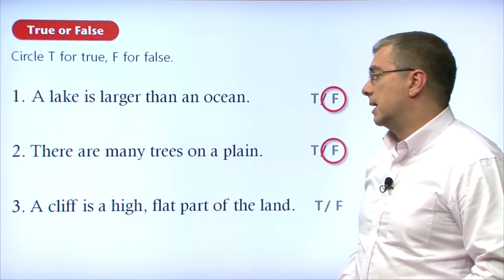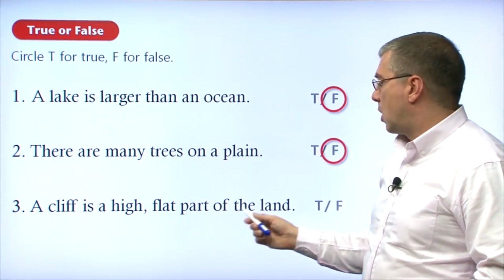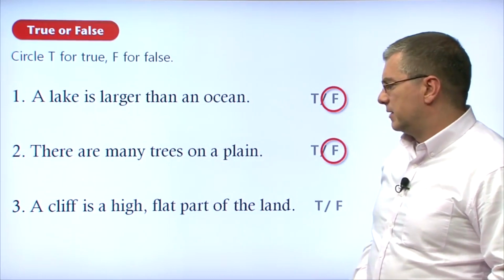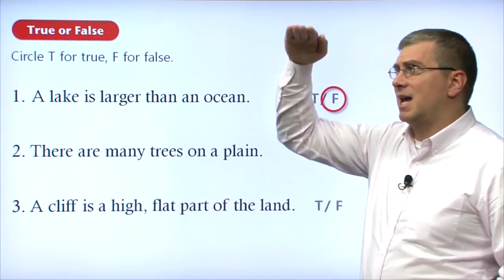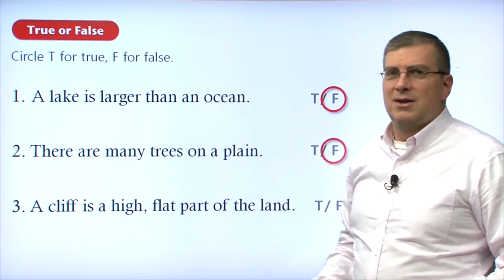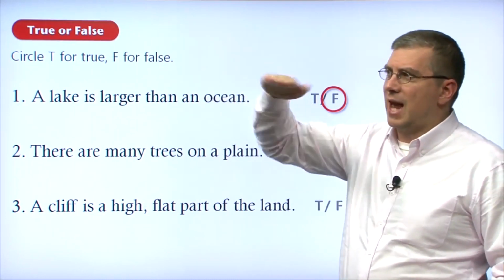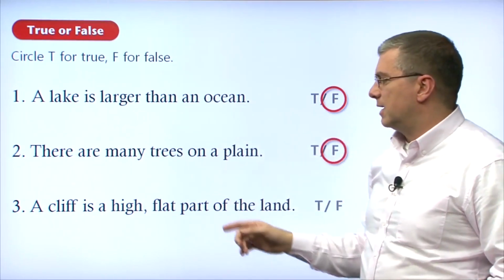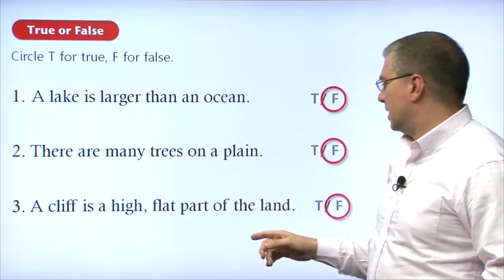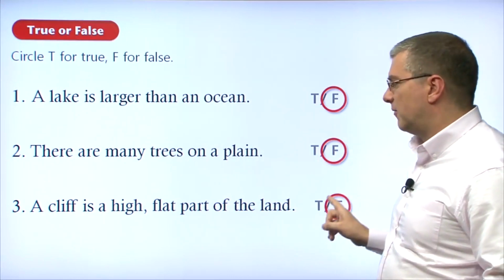Okay, so number 3, a cliff is a high, flat part of the land. Now this is an interesting idea here. A cliff is a high, flat part of the land? No, how can it be high and flat? Flat means, you know, from side to side. So that has to be false, right?